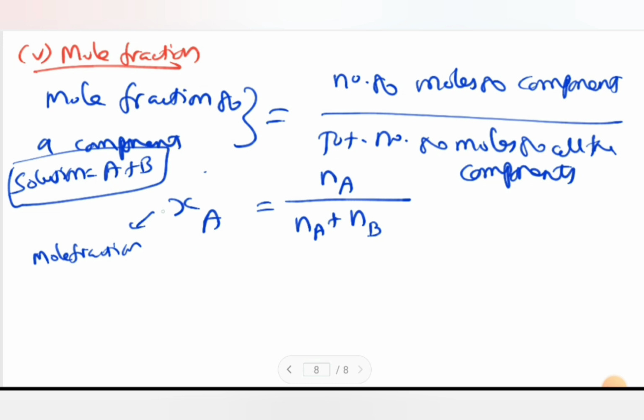This can be used for finding any number of components in a solution. There are some examples given in the book. Example 1.1, 1.2, they are all based on these calculations. I will brief the molarity and molality.